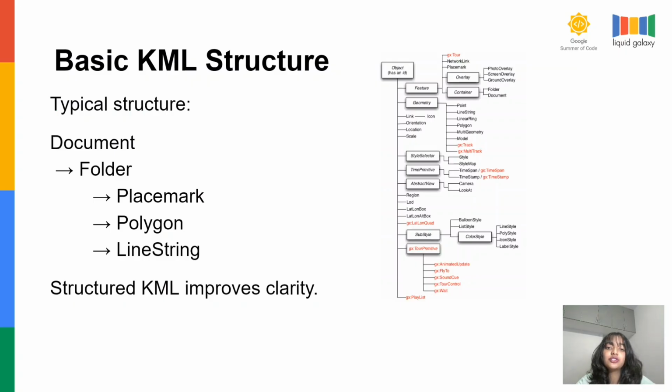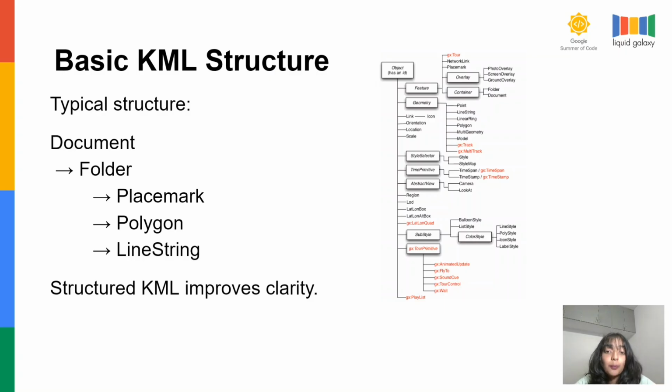Basic KML structure. KML is hierarchical by design. The top level is the document. Inside that document, we nest our folders. Inside those folders, we place our features: the placemarks, polygons, line strings, and so on. This nesting creates a clarity that resembles object-oriented design.